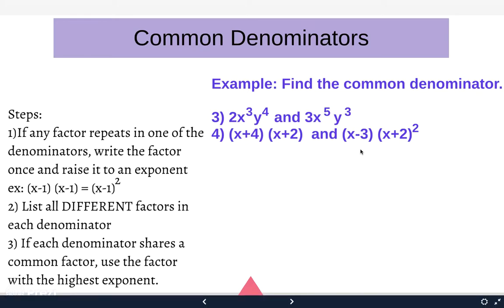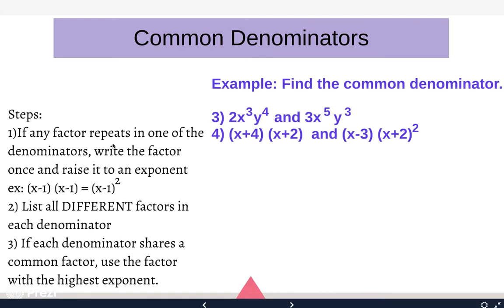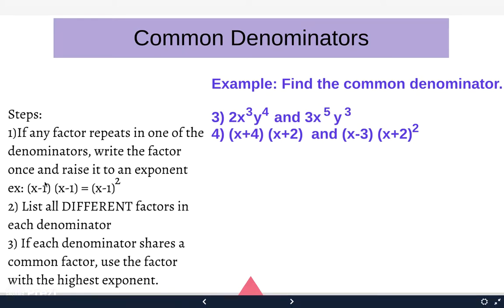These are already factored for us, but after that, if any factor repeats in one of the denominators, you write the factor once and raise it to the exponent. So if you ever see something repeat like x minus 1 and x minus 1 underneath one fraction, you just write x minus 1 once and raise it to the second power because there's two of them.